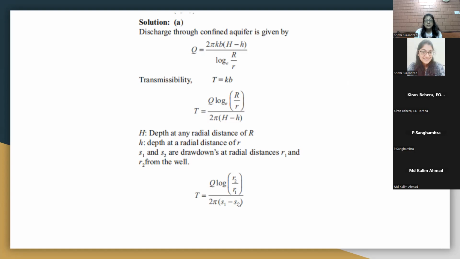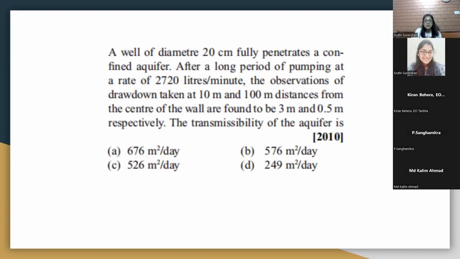And if you're taking s1, s2, this is going to be the value. So corresponding to this, we have been given s1, s2 and r1 and r2. Q is also given. Diameter is given. From diameter, we can actually get the small r value.